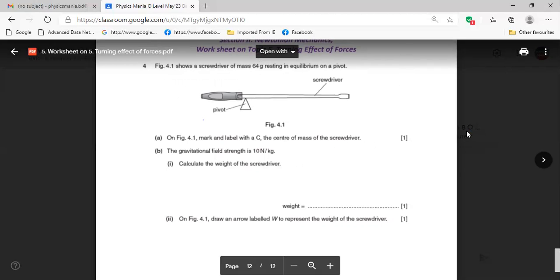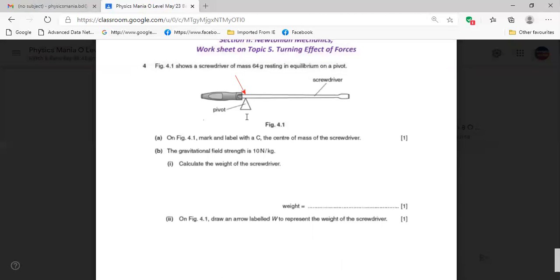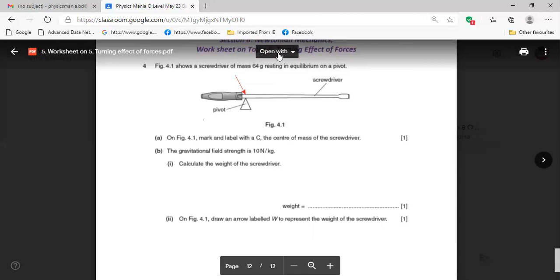The weight will be above the pivot. Your center of mass and center of gravity are the same here. So from that position, downwards will be your arrow, like this. I'm showing you.